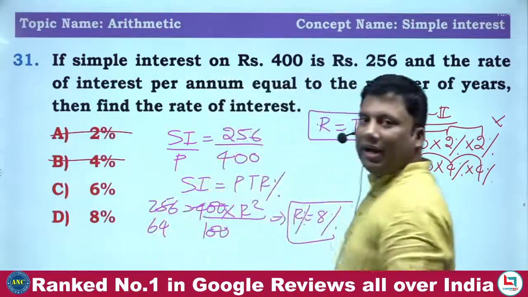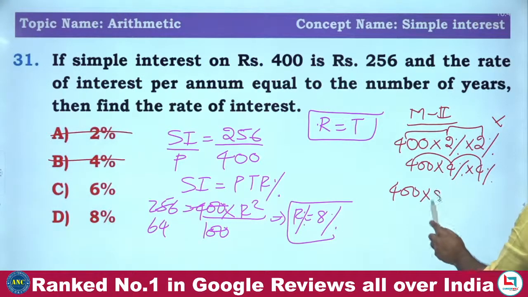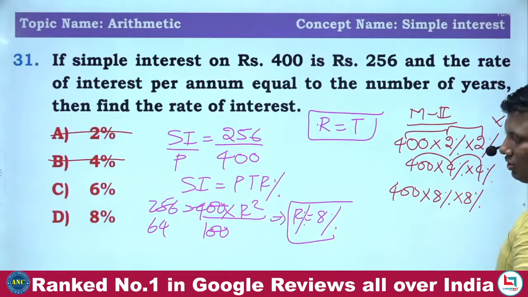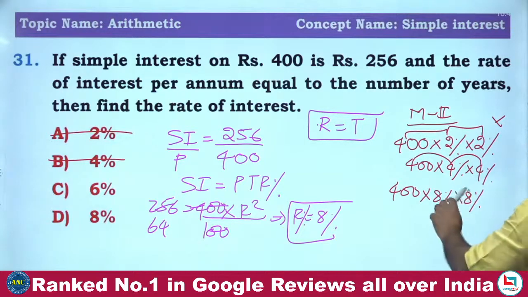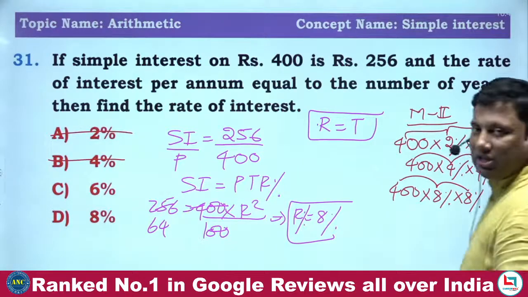I hope the idea is clear, right? So 400 into 8 percentage into 8 percentage. From here, 8 eights are 64, 64 fours are 256.